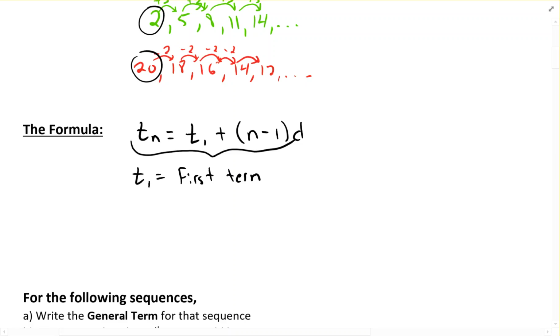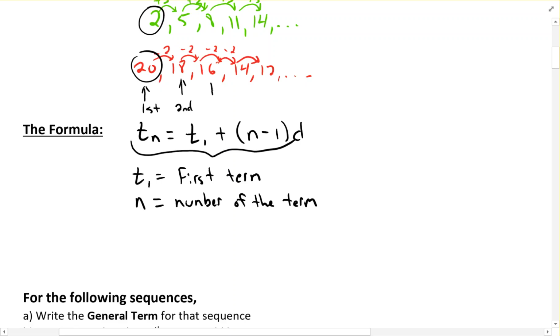Okay, and then n stands for the number of the term. What I mean by that is this would be the first, this would be the second, third, fourth, fifth. So that's all we mean, right? That's what the n would stand for.